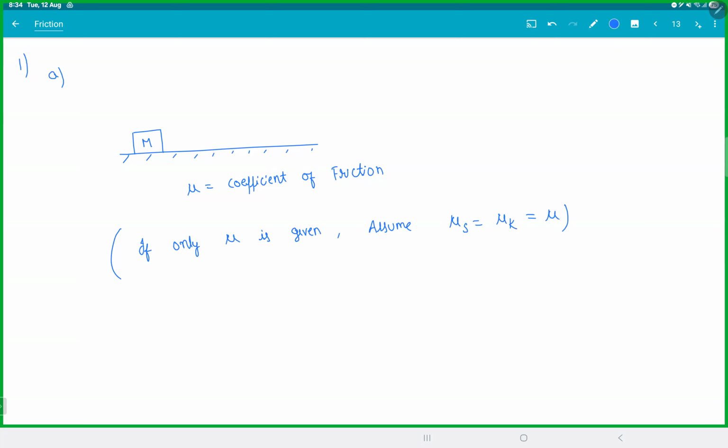Right? If there is a kinetic friction, remember I told you there are two types of frictions. When you're slipping, the friction will be mu k. When it is not slipping, it is mu s. So if nothing is mentioned, then we will assume both are equal.